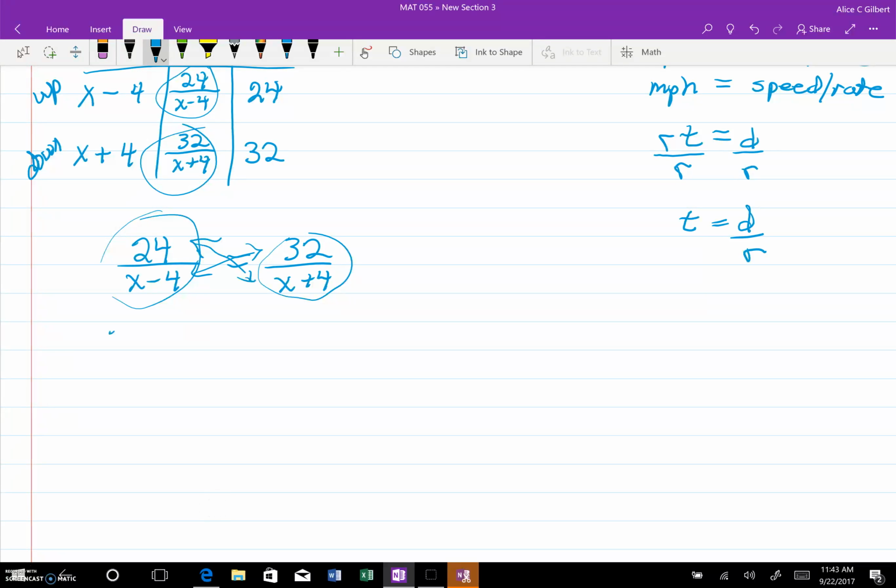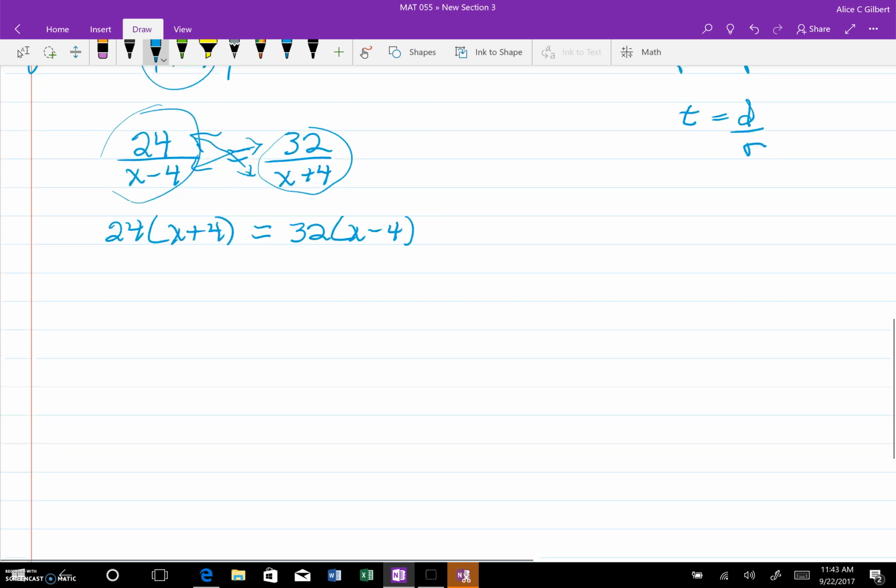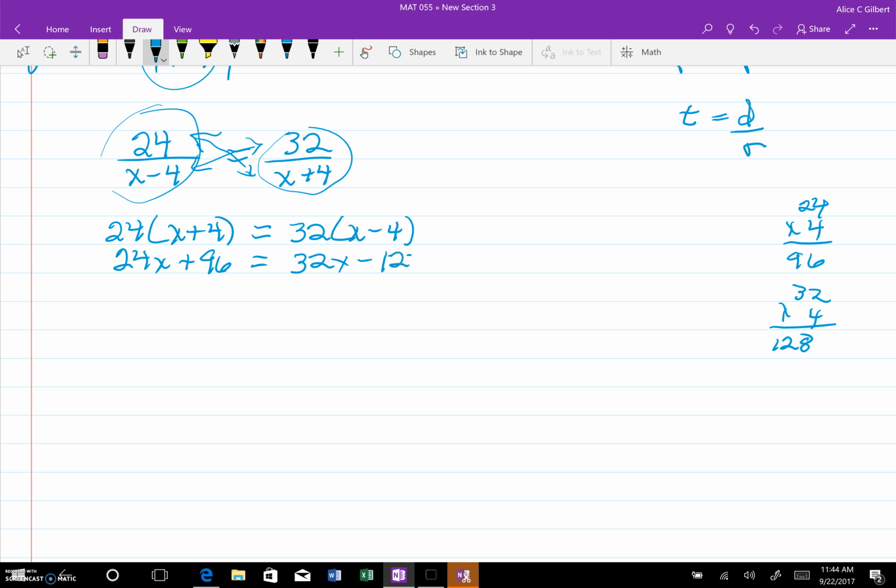So I can multiply 24 times x plus 4, and that would equal 32 times x minus 4. Now it's 24x plus, well, 24 times 4 is 96, equals 32x, and 32 times 4 is 128, minus 128.